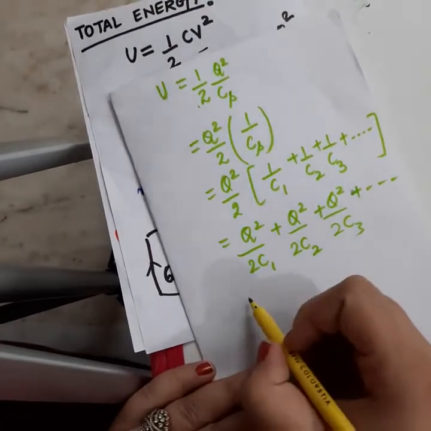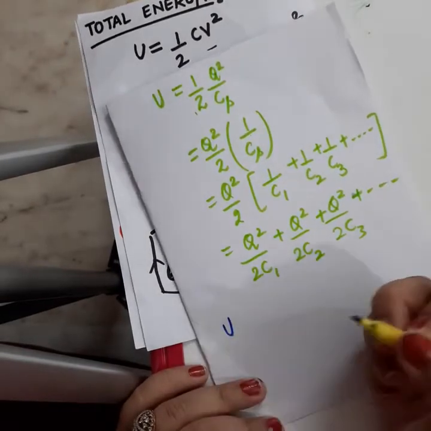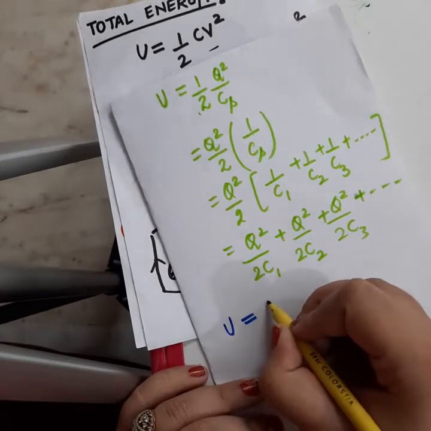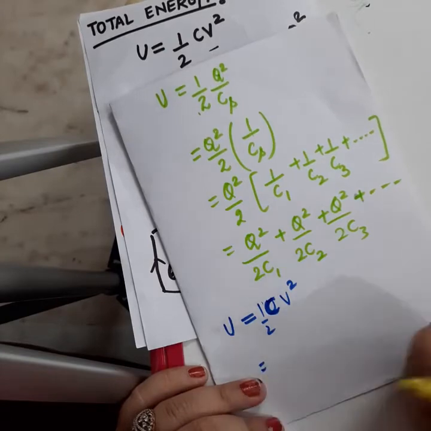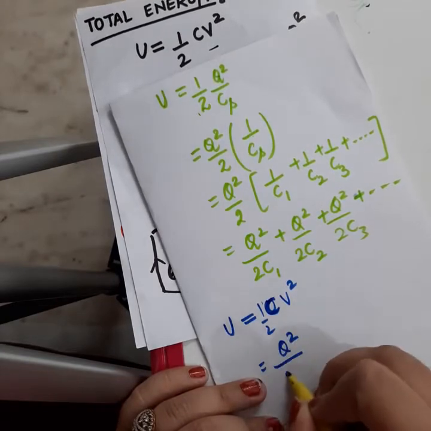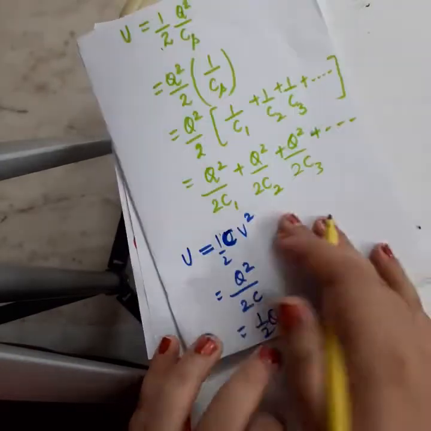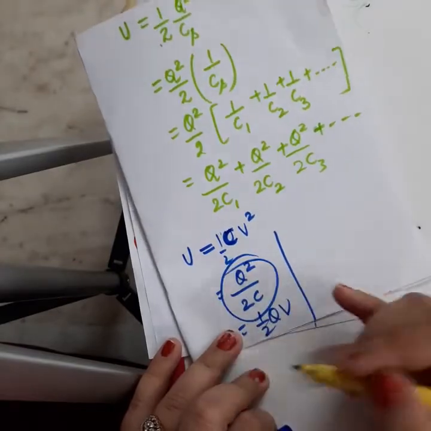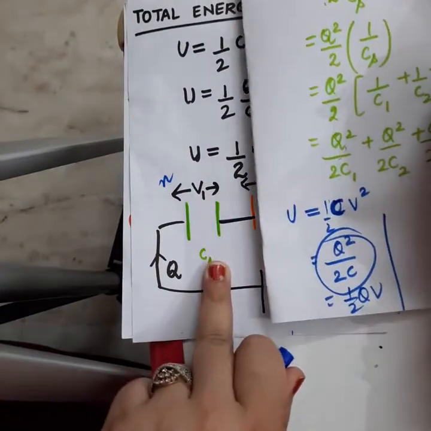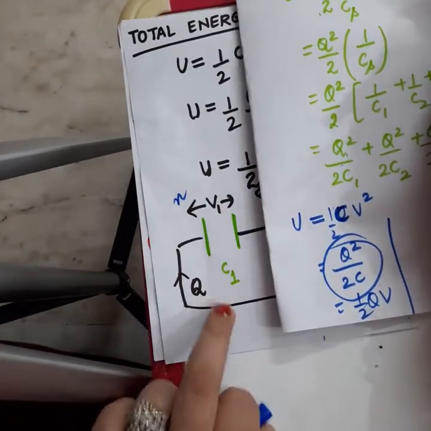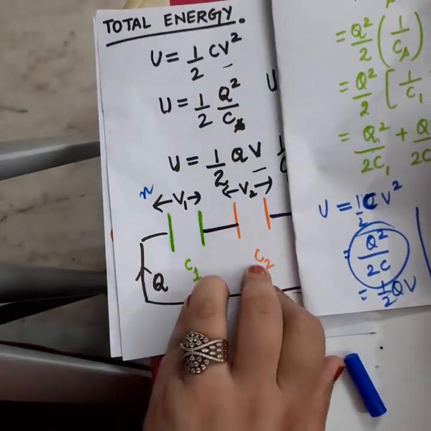Now can you see something? We studied that energy of a capacitor has this expression, half CV square. It also has this expression, Q square upon 2C, and it also has this expression, half QV. So this is the expression for energy stored, and Q square upon 2C1, don't you think this will be the energy stored in the capacitor having capacity C1? Q square upon 2C2, don't you think this would be the energy stored in the capacitor C2?